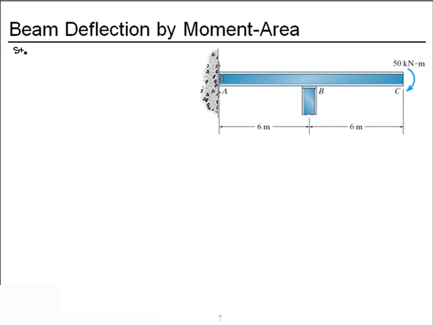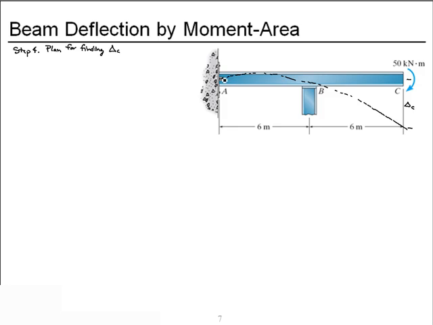So step 4: our plan for finding the vertical deflection at C. Well, we said that we anticipate our deflected shape to be such, which means this is the quantity we're looking for.